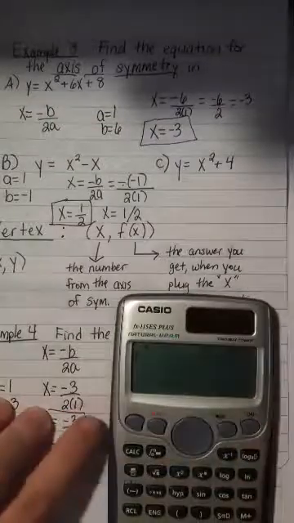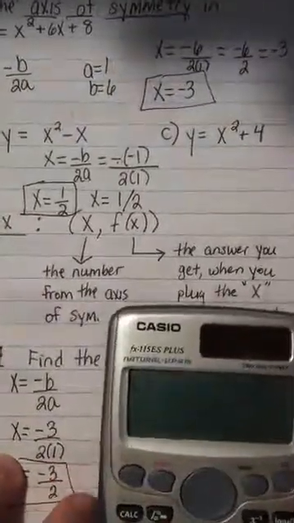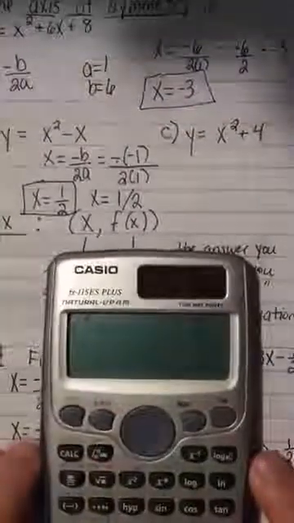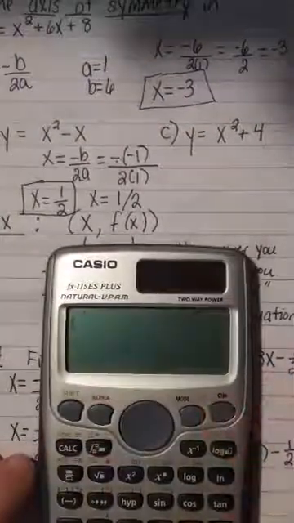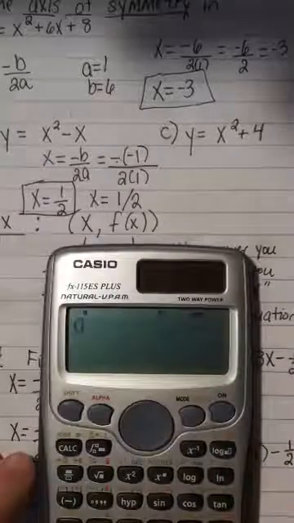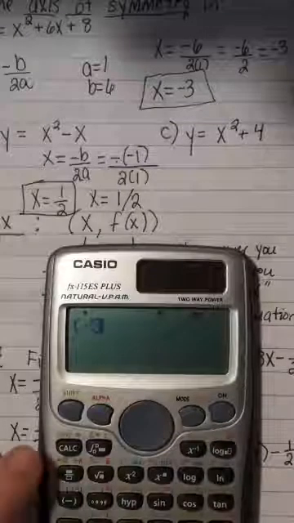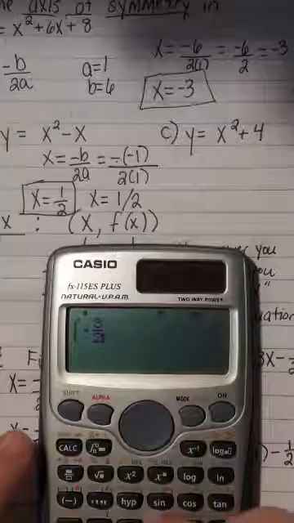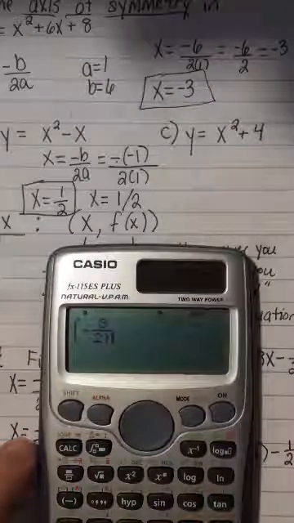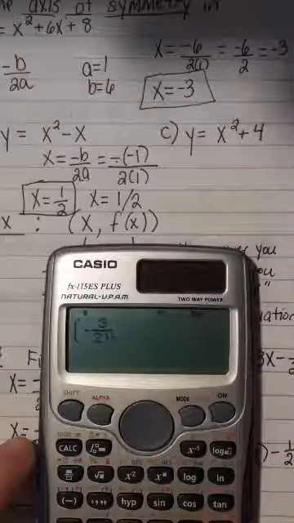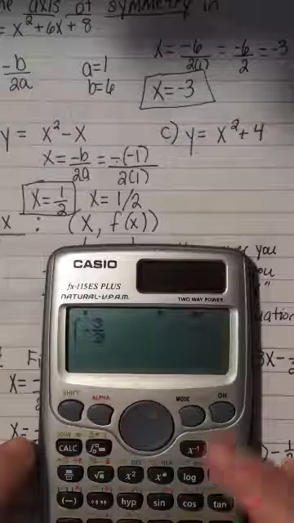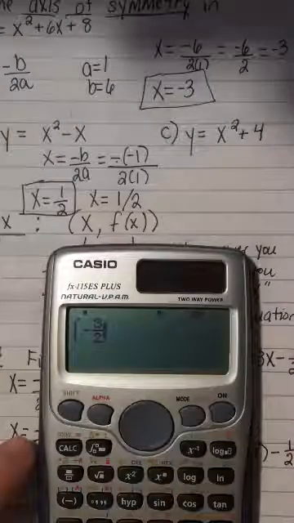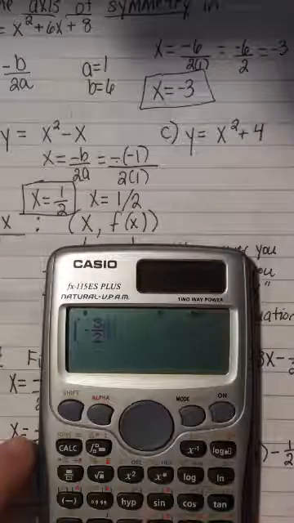So, let me zoom in just a little so you can see this. Alright, so I'm going to put in parentheses, negative 3 fraction 2. Close my parentheses. Uh-oh. You see what that did? I want my parentheses to go around the whole fraction, so move the cursor to the end of the whole fraction, then put your parentheses.